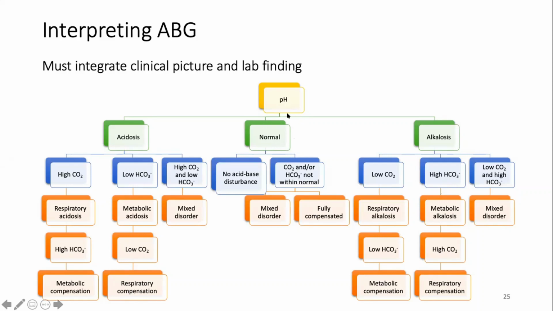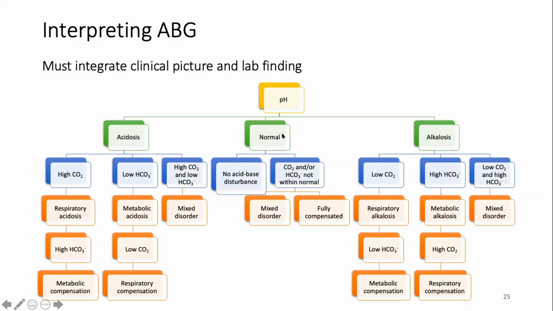So caution, if you look at the ABG and the pH is normal, you cannot straight away say that there's no acid-base disturbance. It is only normal if the pH is normal and the other parameters, the carbon dioxide and the bicarb, are also within the normal range.